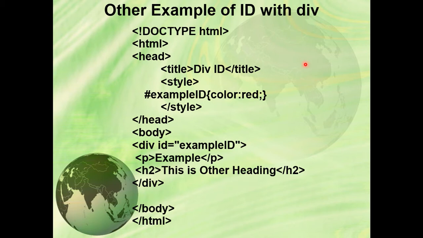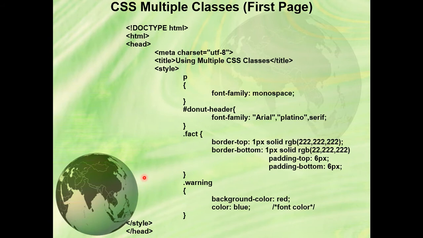And one property is applied onto a div, and that property applies on all of the selectors in the div body, like P is paragraph, H2 is heading.